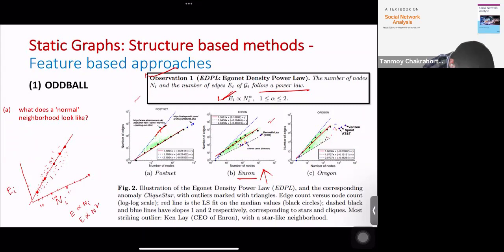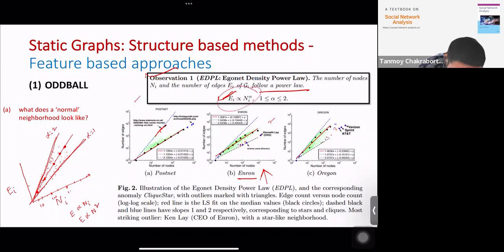So Ei equals Ni may look like this, or something like this. Say this is Ei equals Ni, and say this is Ei equals Ni square. This is when alpha equals 2, and this is alpha equals 1. This is the bound.